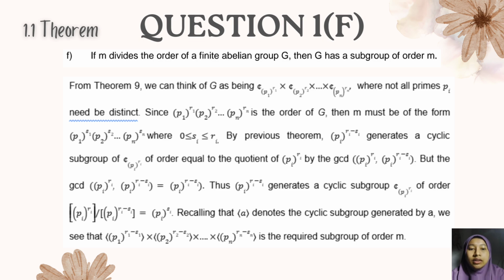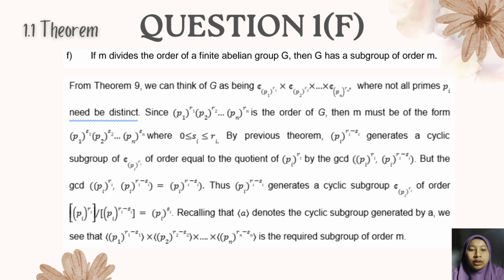But the GCD of pi^ri and pi^(ri minus si) is pi^(ri minus si). Thus, pi^(ri minus si) generates a cyclic subgroup of order pi^si, recalling that the angle bracket notation denotes the cyclic subgroup generated by a.